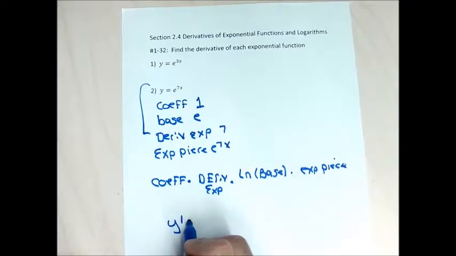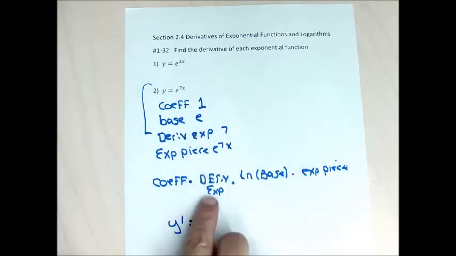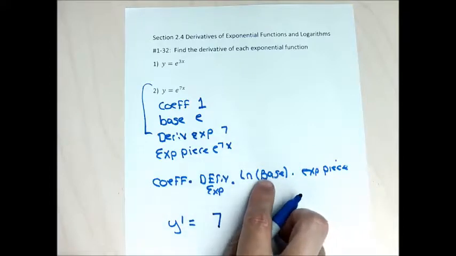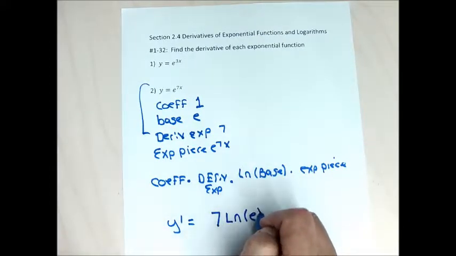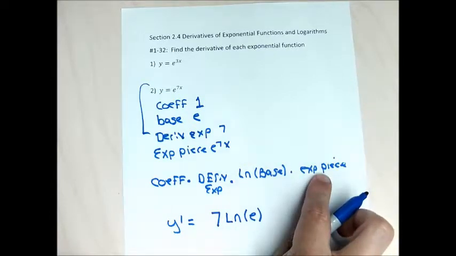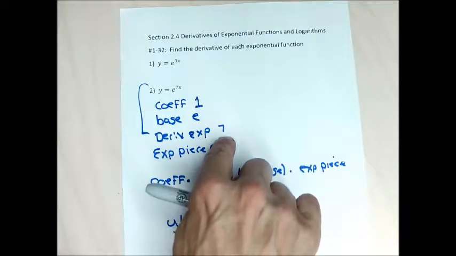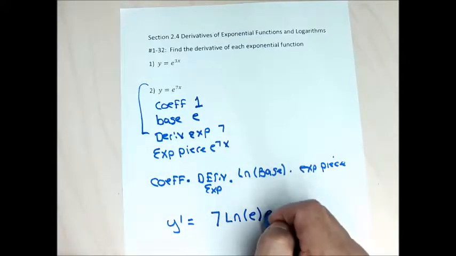Y prime equals, I don't need to write the coefficient because it's 1. Now I'm going to write the derivative of the exponent, which is 7, times the natural log of the base, don't need a times sign, that's going to be implied, times the exponential piece. So coefficient not necessary, derivative of the exponent 7, natural log of the base, and then times the exponential piece.